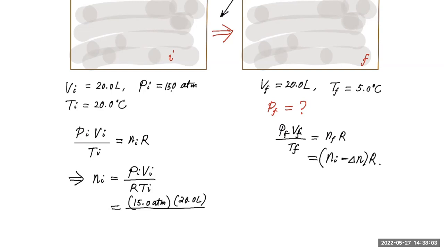I'm going to choose the units to cancel with ATM and L. You can use the standard value of 8.31, but that's in SI units like joule, Kelvin and mole. But here we have to use ATM and so on, so the value is a little different.